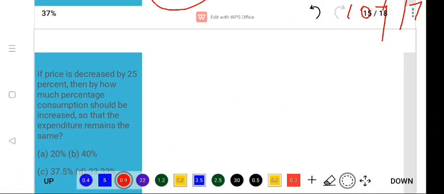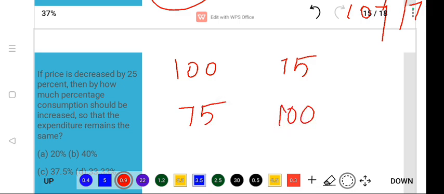See this sum: the price is decreased by 25%. So the initial price is 100, decreased by 25%, meaning 25% of 100 is 25. If we reduce 25 we get 75. This is the final price. The consumption will be the reciprocal or inverse.